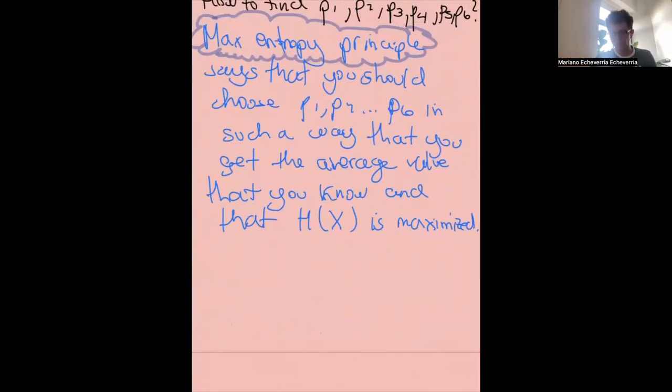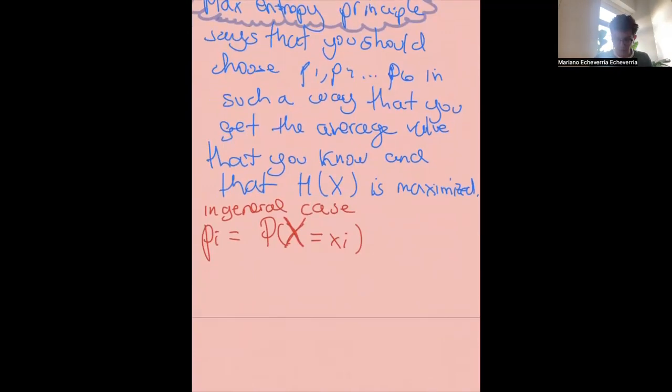So let me make it more concrete. Here's a concrete way to do it. In the general case, call Pi the probability that X takes the value xi.